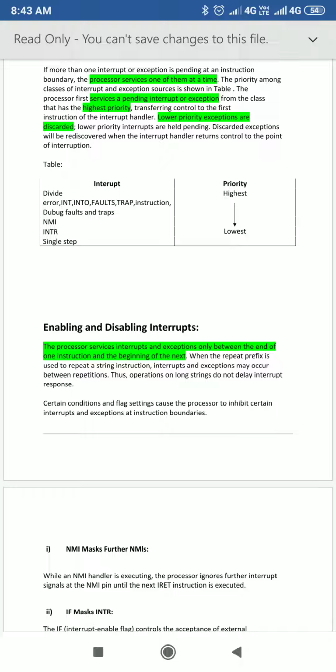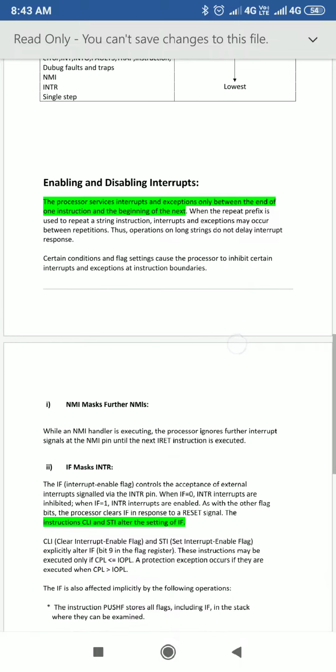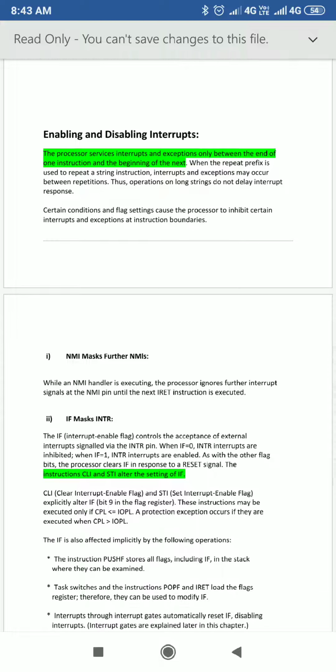As we studied before, suppose the processor is executing a particular program and an interrupt occurs, it will suspend the execution of that program and serve the interrupt. After serving the interrupt, it will again resume with the next instruction. Likewise, certain condition and flag settings cause the processor to inhibit certain interrupts and exceptions at instruction boundaries.